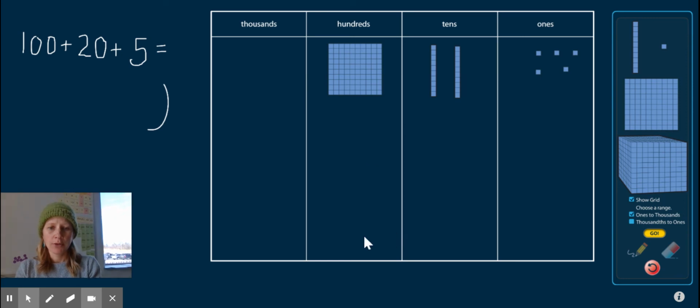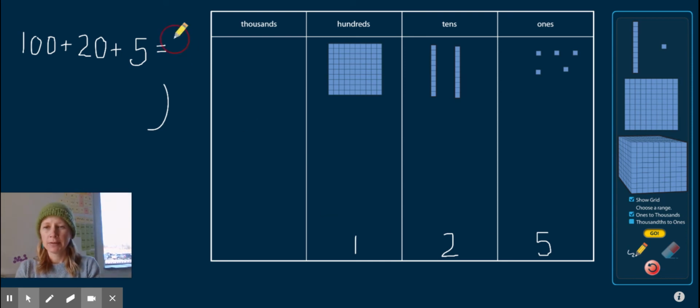Okay, let's have a look. I have one group of 100. I'm going to write my 1 here. I have 2 groups of 10. And I have 1, 2, 3, 4, 5 ones. So I have a 1 in my hundreds place, a 2 in my tens place, and a 5 in my ones place.